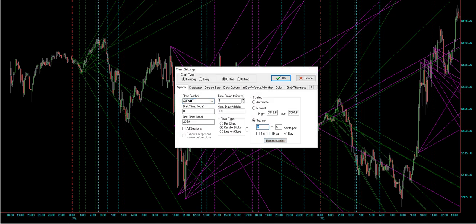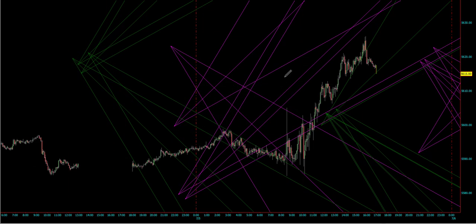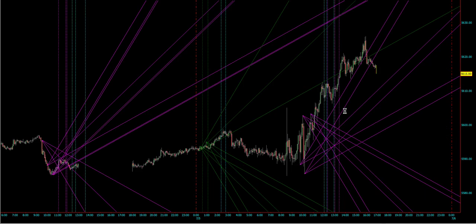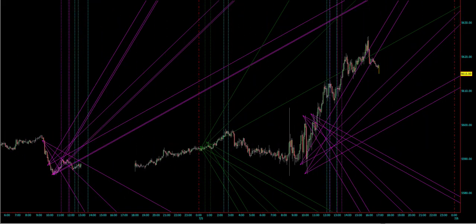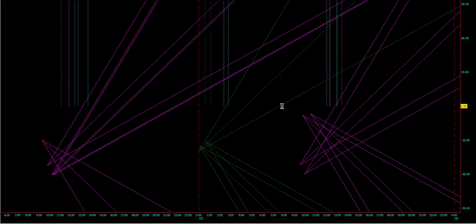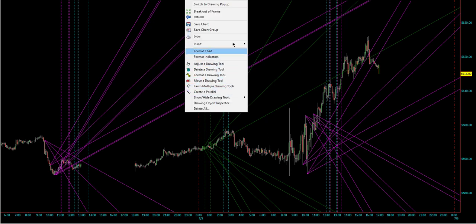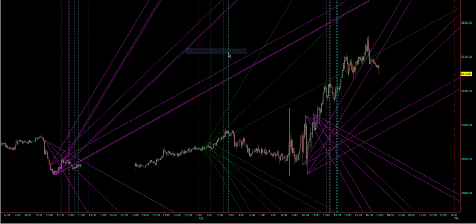If I, let's say, go to different squares, 12 by 6, and Control K. And if I do Control K after changing the square, you see things are looking different, correct? So remember, this is a geometrical overlay.